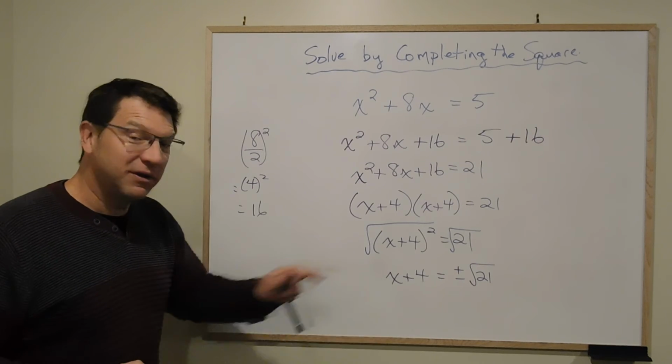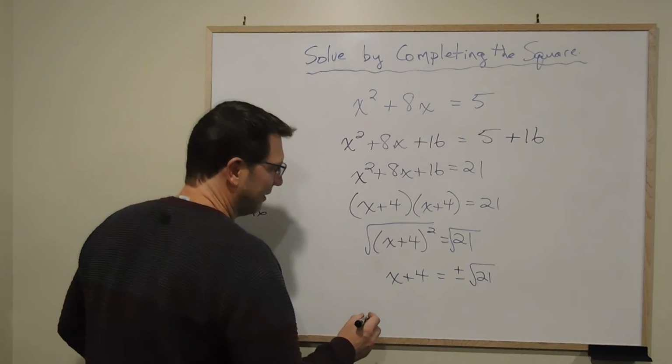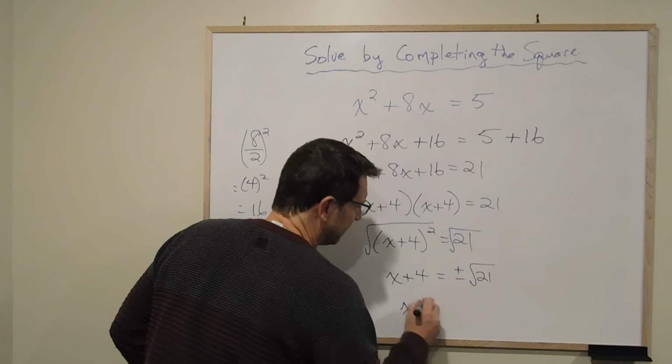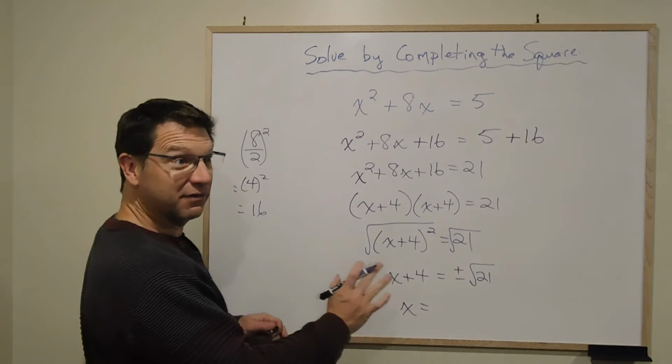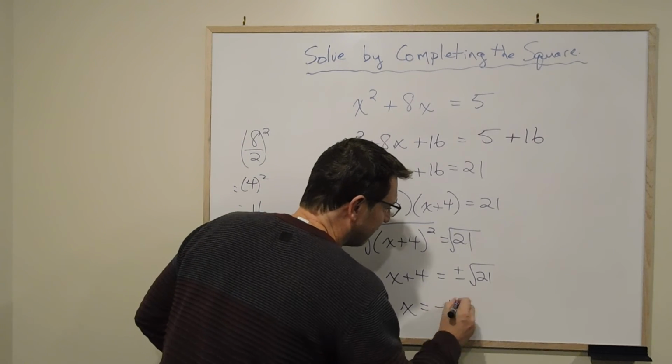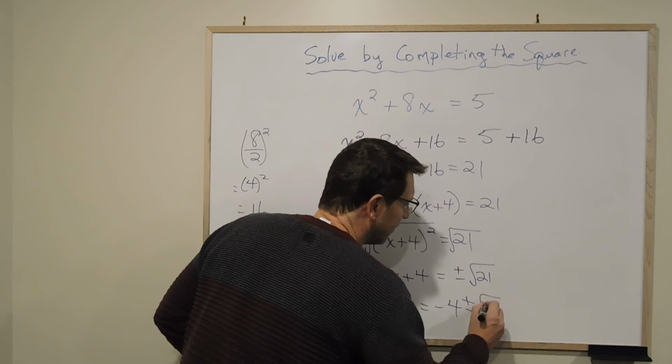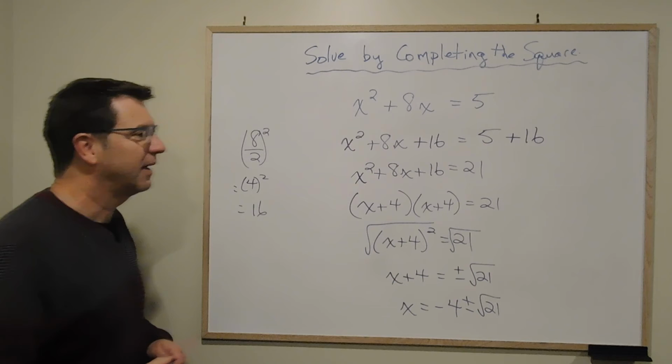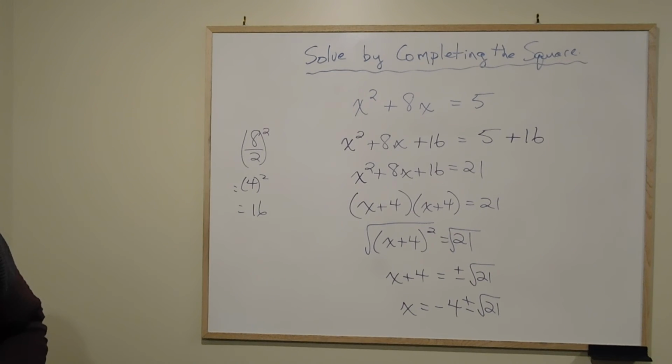So now our next step, we need to get x by itself, is to bring the 4 to the other side. So x equals plus 4 becomes -4 when we move it over. Not only that, we put it at the front, -4 plus or minus the square root of 21. Okay? And that gives us our answer. So there are really just two options.